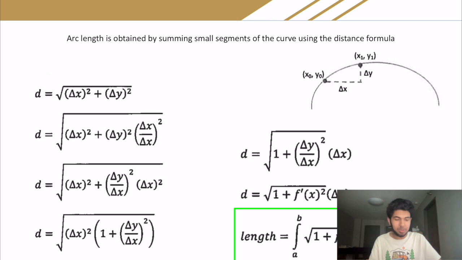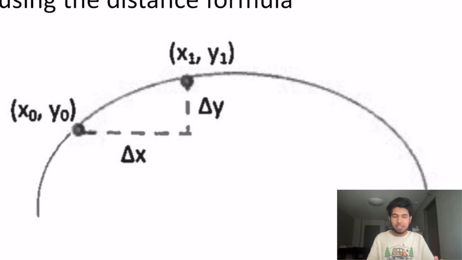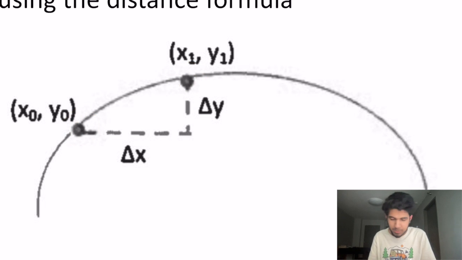Before we get into these equations, let's look at this picture here and try to figure out what's going on. So what we can think about is, let's take any 2 points on this curve. Suppose we want to find the length of this entire curve, but let's just take these 2 points along the curve here. And we can compute their delta x and delta y by looking at their coordinates and computing the differences.